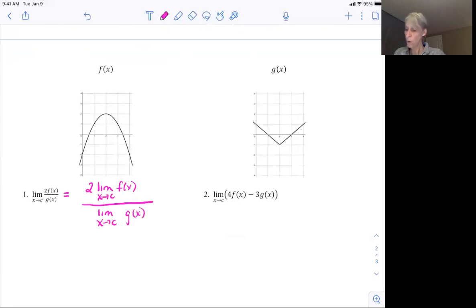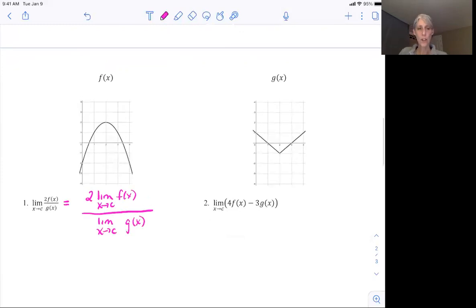Well, what is the limit as x approaches c? And that c should be, let's make it a 2. I'm sorry. We're going to do this, the limit as x approaches 2.